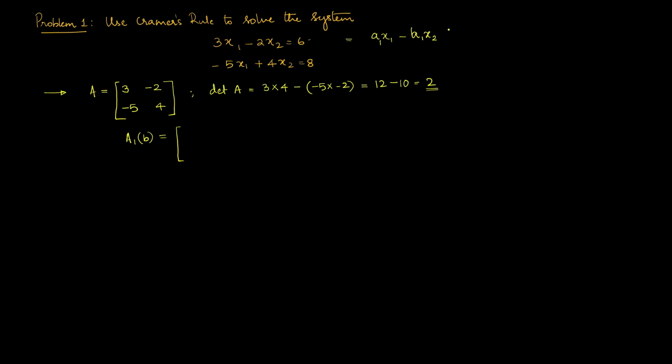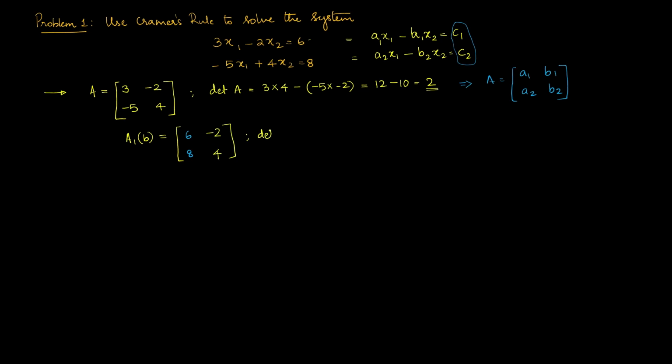The first equation can be written as a1x1 plus b1x2 is equal to c1. The second equation is a2x1 plus b2x2 is equal to c2. The matrix A was written as a1, b1, a2, b2. So when I want to find A1(b), I will replace the first column with c1, c2.